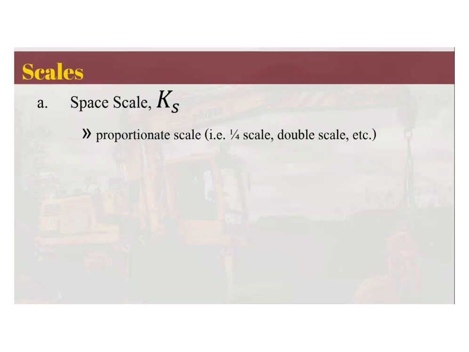And when you decide to have a double scale, this is for very small dimensions. It can also be triple scales. Basically, you are going to find a proportional scale for the dimensions so that you can easily draw them on your paper.